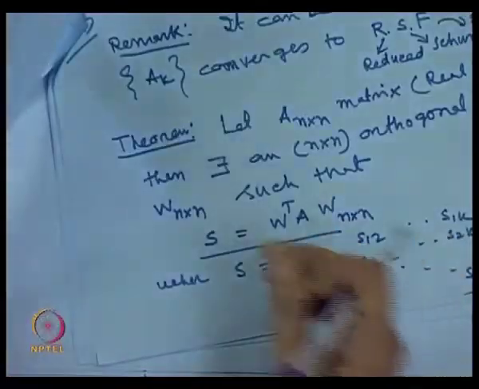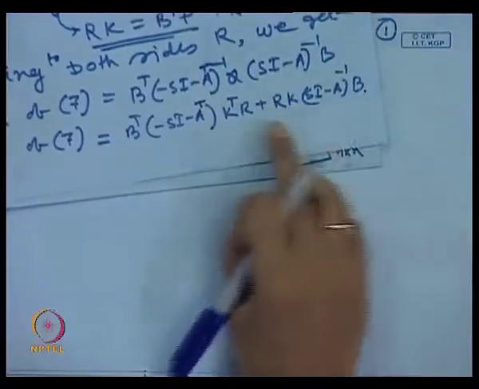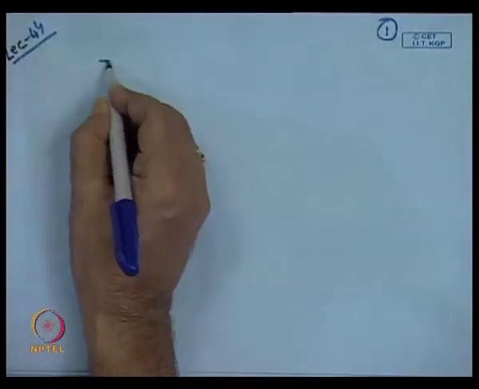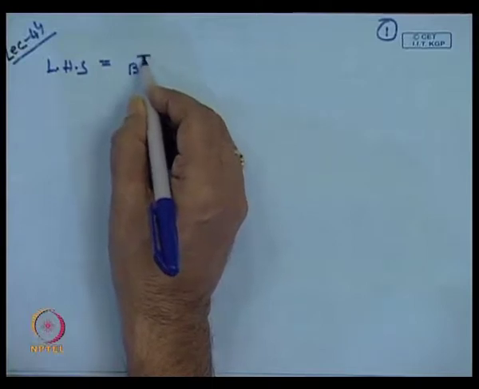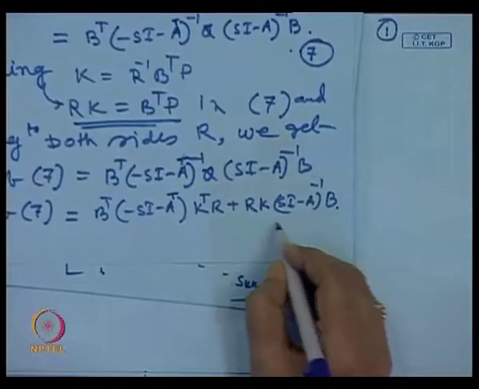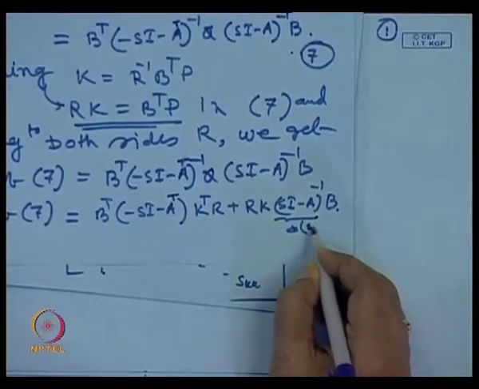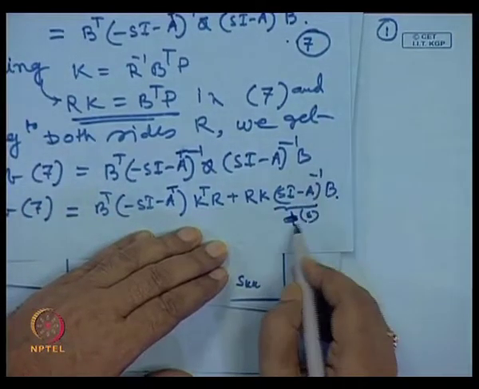If you do this, then we proceed this way. Last class we came up to this point. See the left hand side, what we can write next. I denote S I minus A whole inverse as phi s.